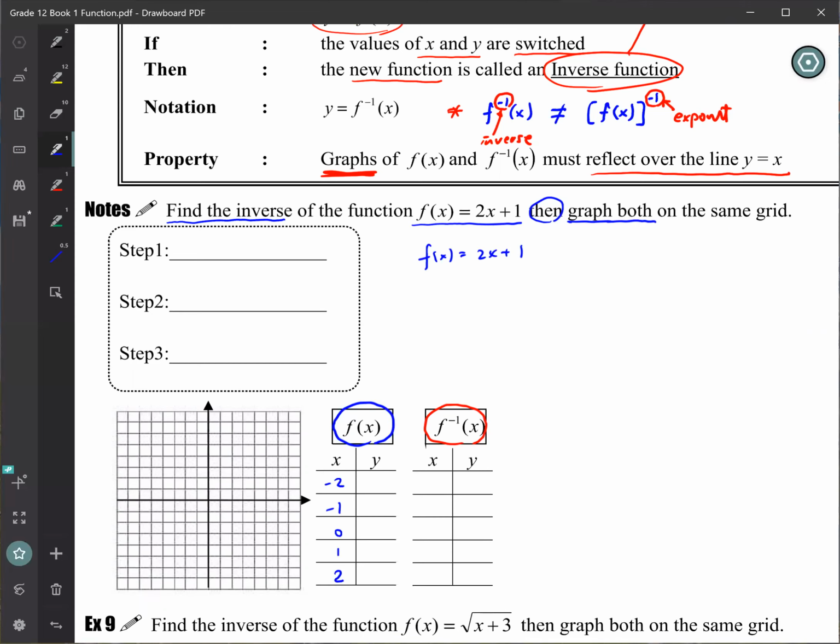Anyone here has no idea what's going on? Let me know. We can go over the whole thing again. So right now, please find the y values for each x.